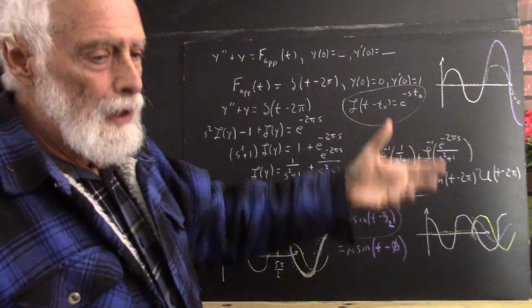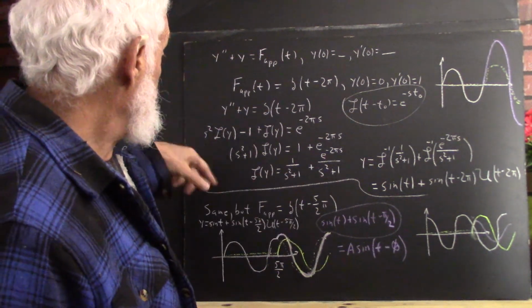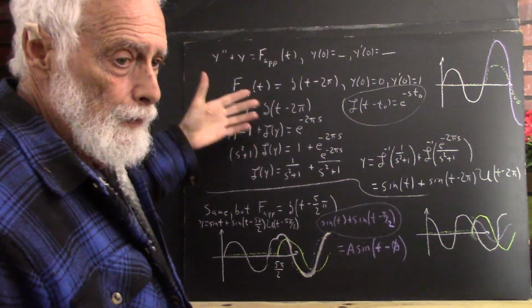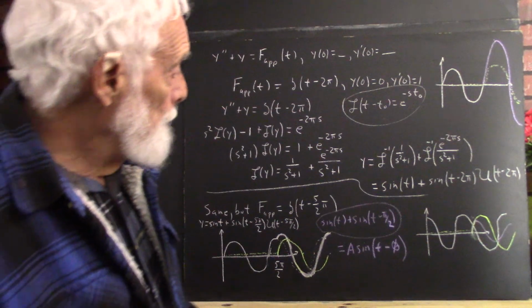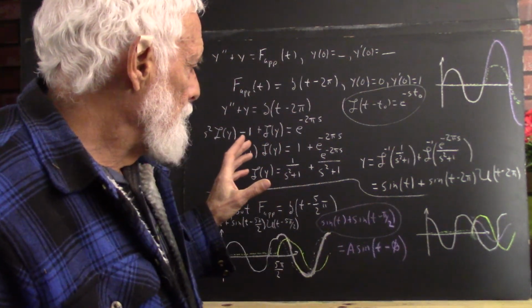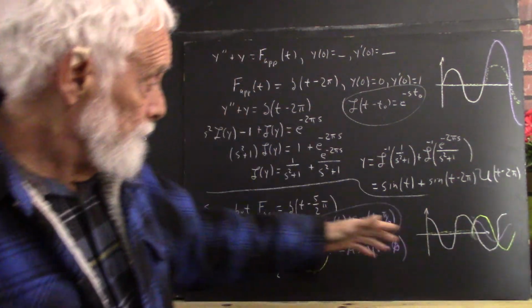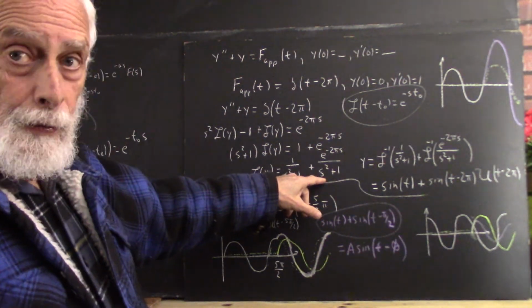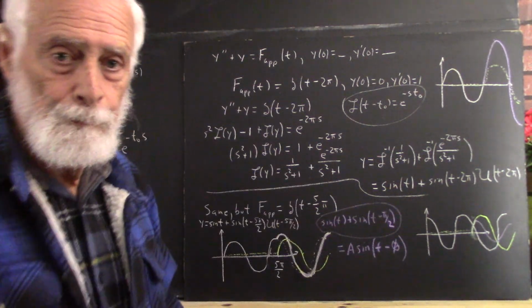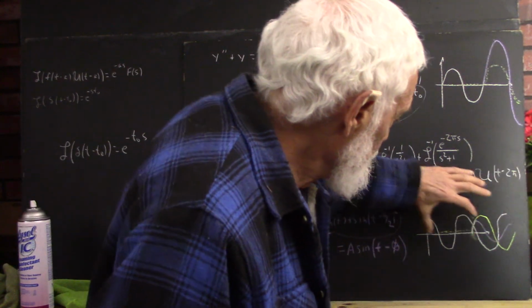Of course, if you want a sine of 5t, then it'd be s squared plus 25, and you'd have a 25 over here, and so forth. So again, these functions are going to have the same period in any case where you do this sort of thing. Okay. So the periods of these functions are going to be equal.